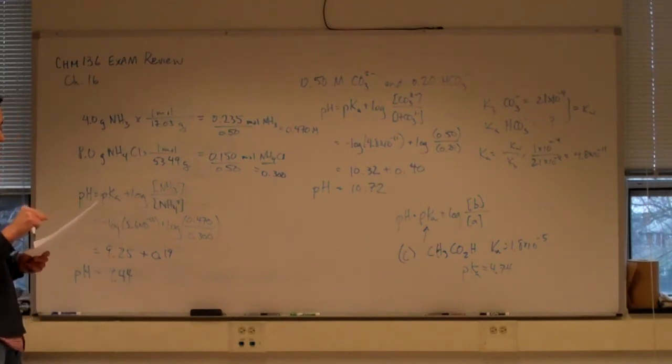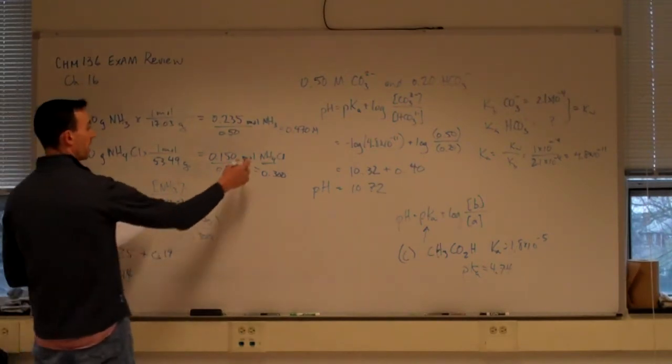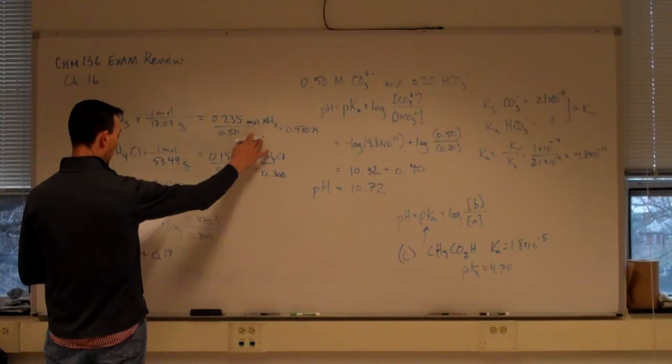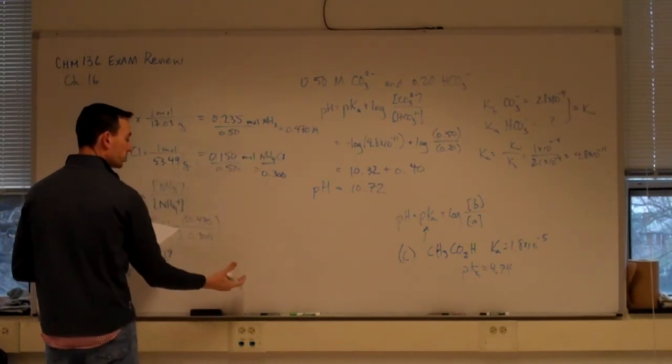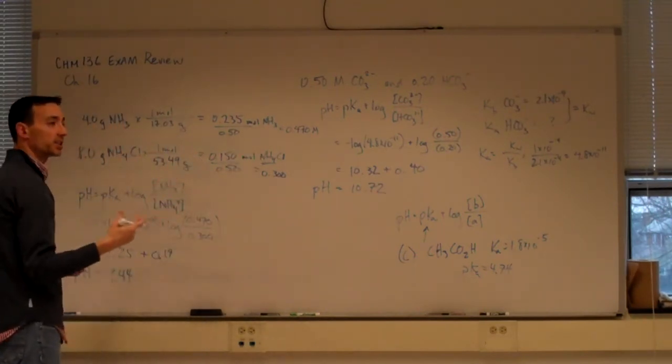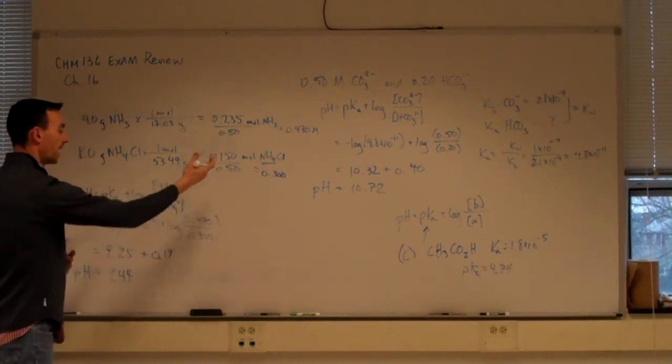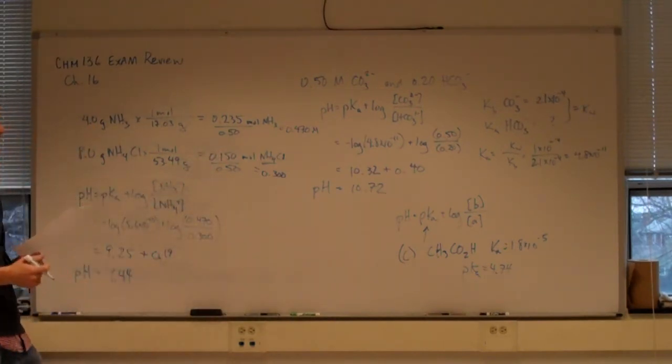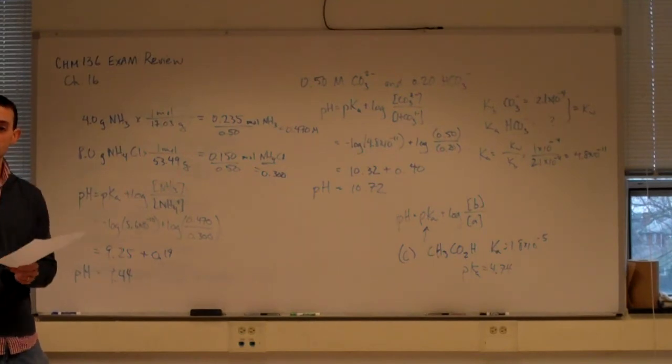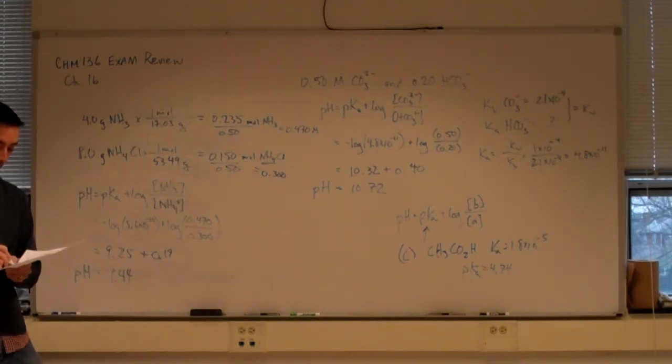This is the correct value because the base is the higher concentration. Base raises the pH, so logically it makes sense that our pH should be higher than our pKa. So I'm confident that the 9.44 is the answer, not the 9.06 shown in the solutions set.